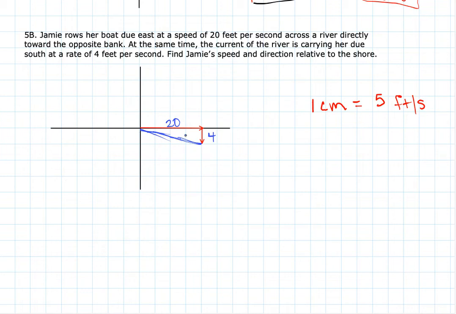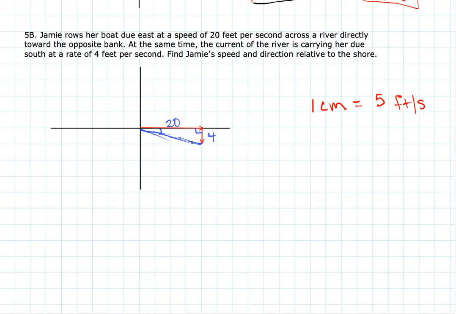Now this is nice because we have a nice right angle. This whole due east, due south thing is wonderful. So we can use the Pythagorean theorem to find the magnitude of the resultant vector, and then we can also use right angle trig to find the degree right here.